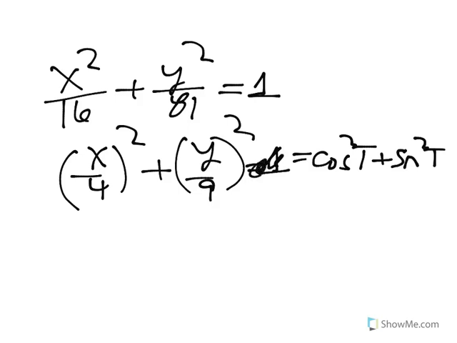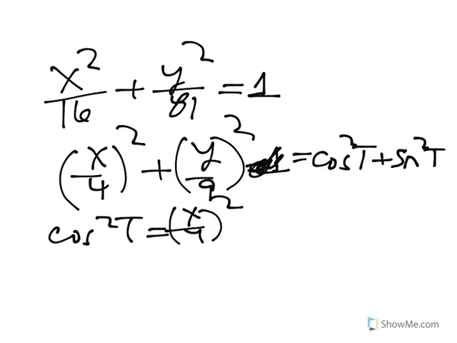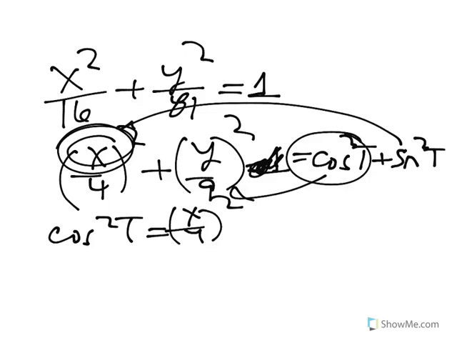Now we have a choice here. I could either say that cosine squared t equals (x over 4) squared, or I could make it the other piece, it doesn't really matter, but usually if there's something with an x in it and something with a cosine, I try to relate the cosine to the one with the x in it. Sine squared t equals (y over 9) squared.